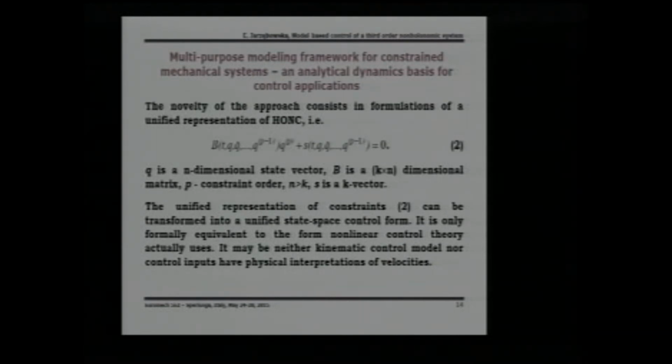So you take these equations. Let's assume that you can present them in the form linear with respect to the highest derivative of the coordinate. And this unified constraint representation can be transformed into the classical state-space control form. But please remember that then it's neither kinematic nor dynamic because of this P, which can be higher than 2.